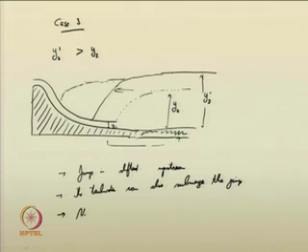So, you cannot dissipate the energy that much in submerged jumps. Fine. So, the next criteria which we have suggested is the tailwater conditions.